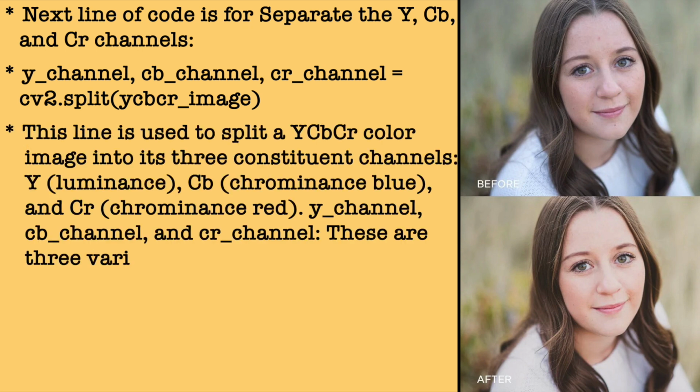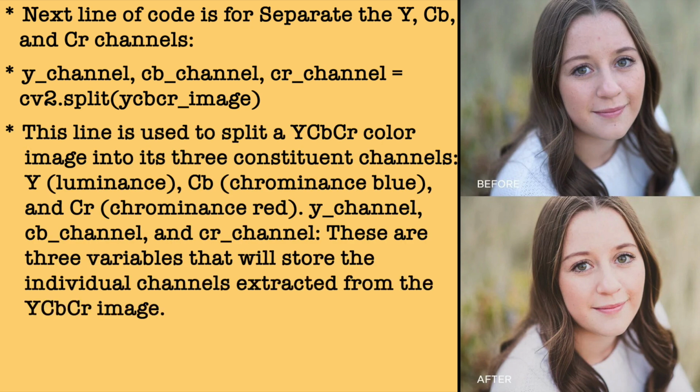This line is used to split a YCbCr color image into its three constituent channels. Y means luminance, Cb chrominance blue and Cr chrominance red. These three variables will store the individual channels extracted from the YCbCr image.